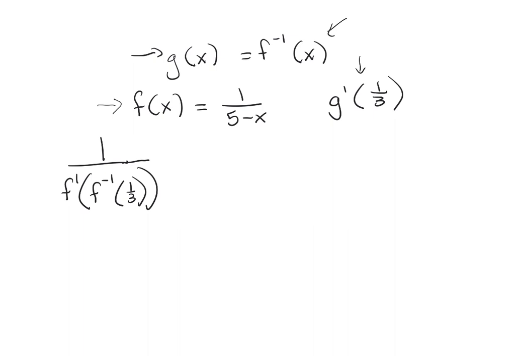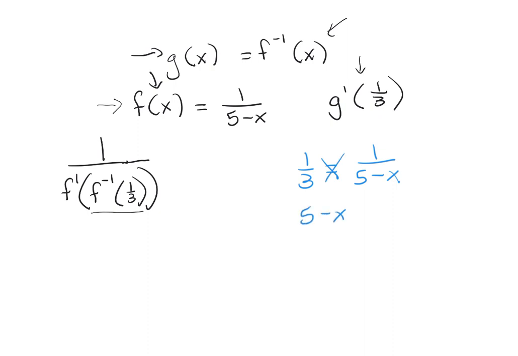Okay, so to evaluate the inverse of f at 1/3, okay, that's an x value, but inverse, I'm actually plugging it in for y on the original f function. So 1/3 equals 1 over 5 minus x. I can cross multiply.